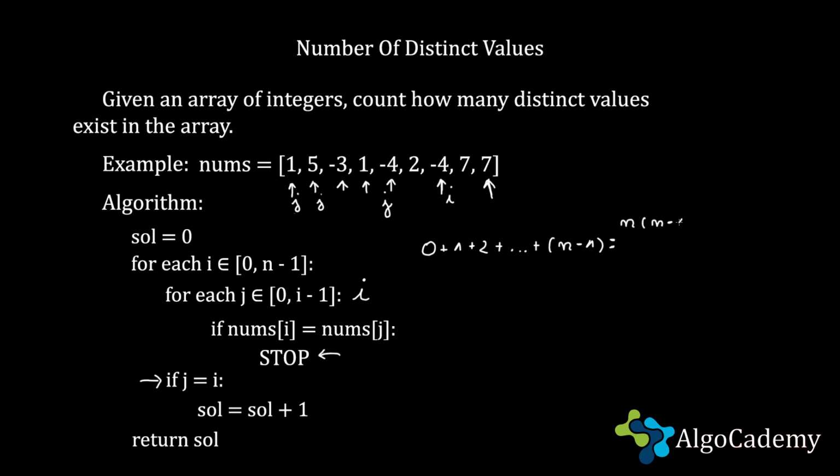Because we don't take constants into account, the conclusion is that this algorithm actually has a time complexity of big O of n squared. And that's not good enough, unfortunately, because obviously if you have an array of 100,000 elements, big O of n squared is a lot. So we are going to come up with a faster approach.